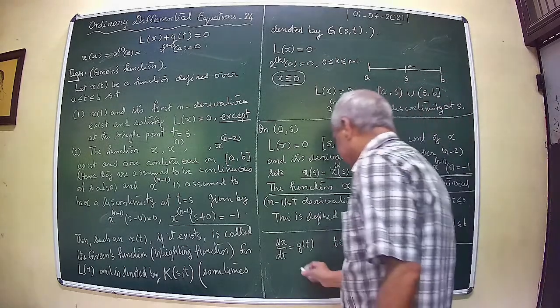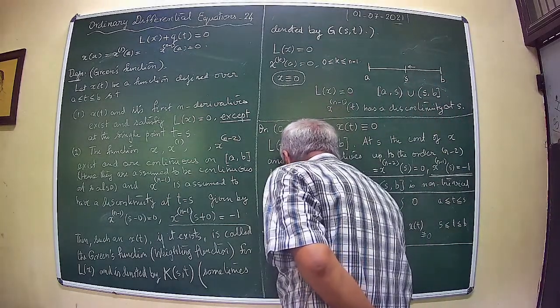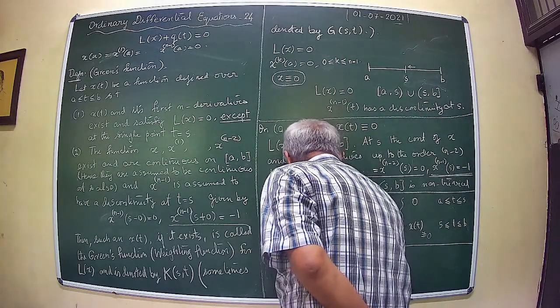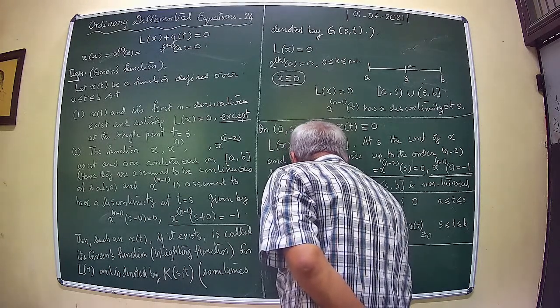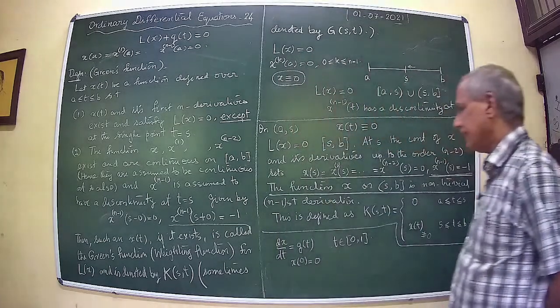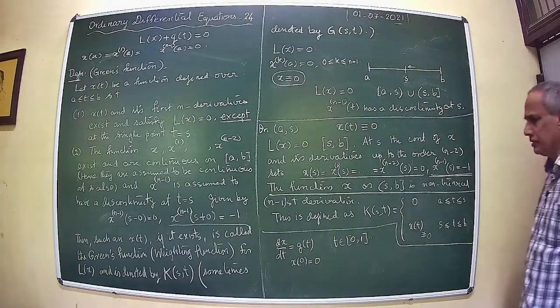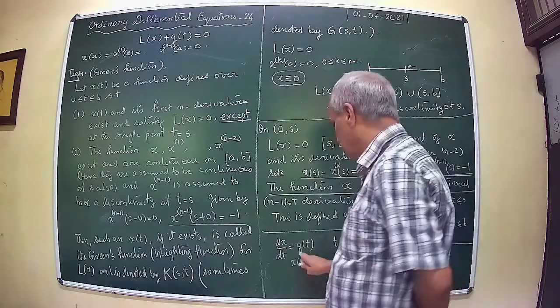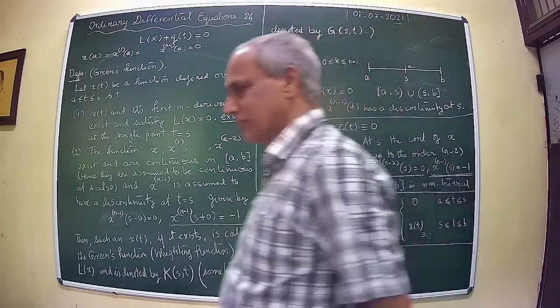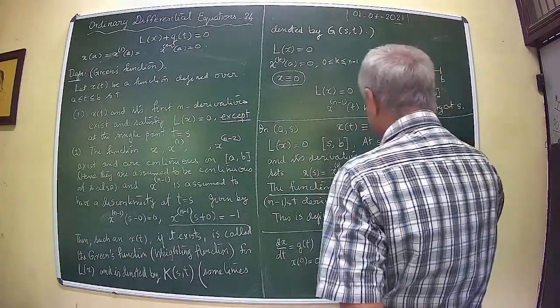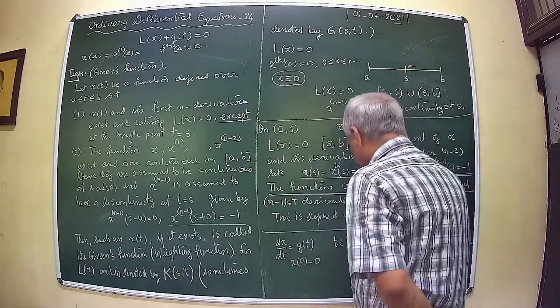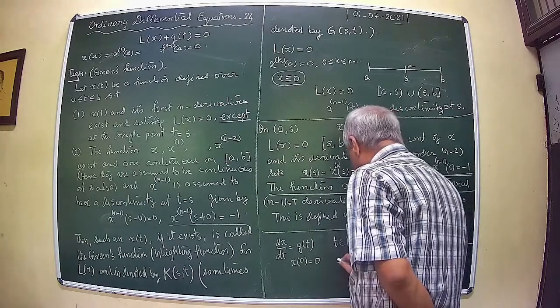Let us take the initial condition x at 0 equal to 0. What is the Green's function for this problem? You know that this equation has a non-trivial solution as long as G is non-trivial. So what do you get? Let us set up the Green's function. So you take the interval 0 to 1.